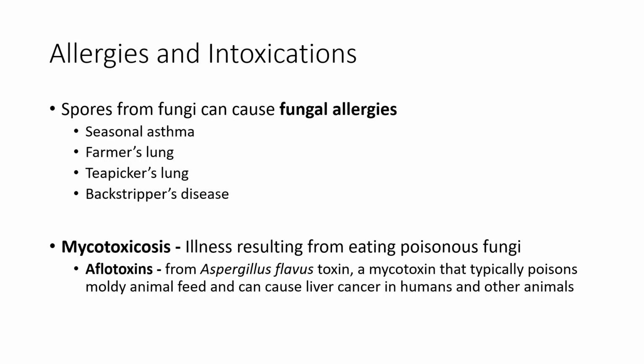Specifically the species Aspergillus flavus can produce a toxin that can poison animal feed, right? It's producing this aflatoxin, and it can cause liver cancer in humans and in other animals, right? If we're getting this poison ingested into us.